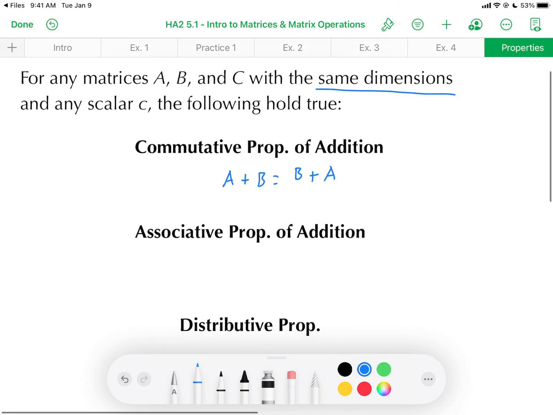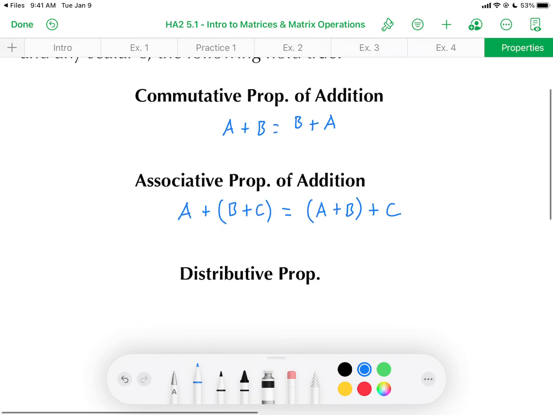The associative property of addition holds true as well. A plus the quantity of B plus C would equal the quantity of A plus B, added with C. So basically, it doesn't matter what order I add my matrices in, I'll still get the same resulting matrix in the end. And the distributive property works as well for matrices and scalar multiplication.